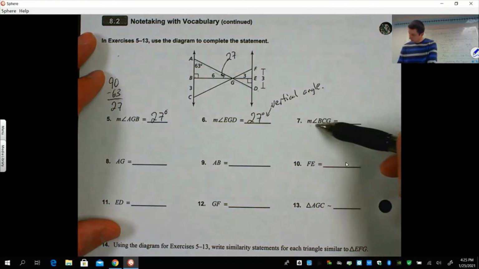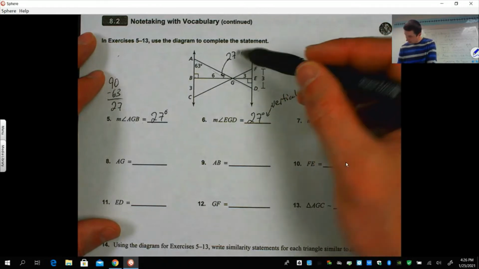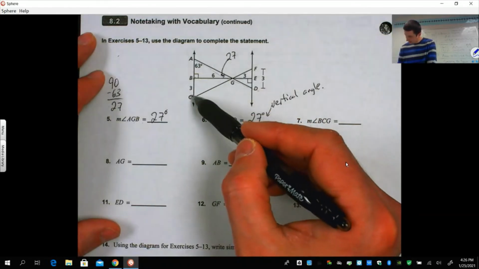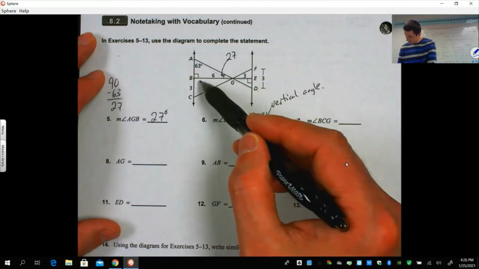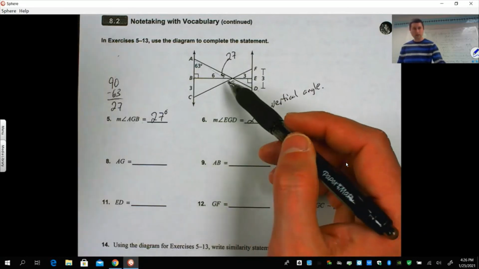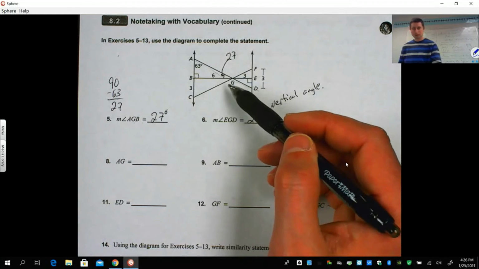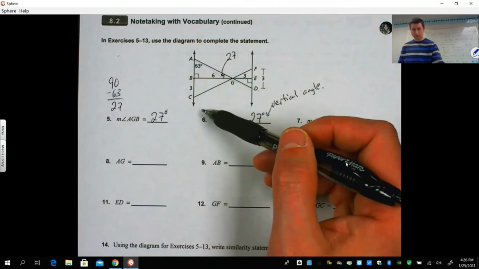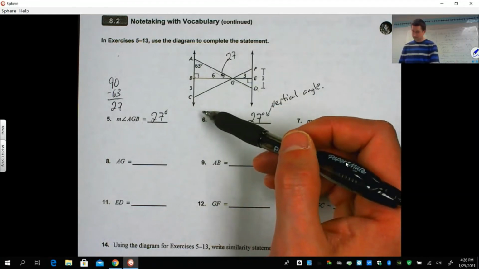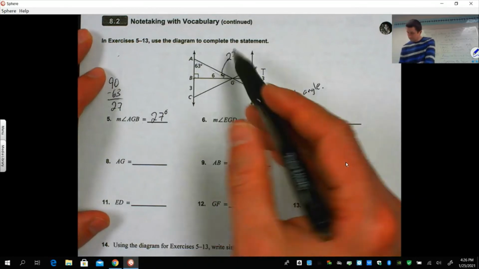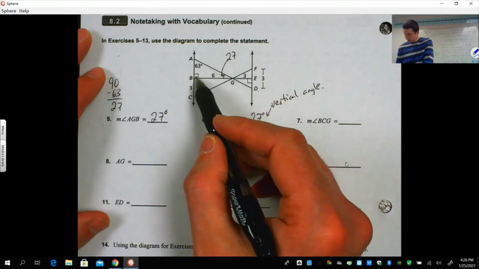The measure of angle BCG. So what do you think the angle of BCG is going to be? I think it's going to be 63, the same as over there. Now I want you to notice here, this is 6.